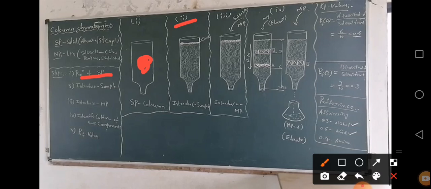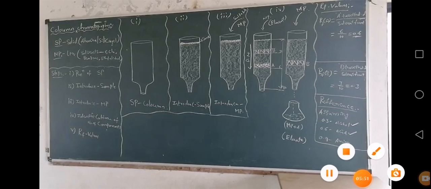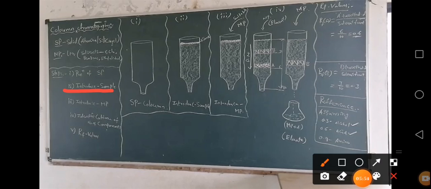Now the second step is introduction of the sample. See here, at the upper side, some more whitish color is there. Whatever sample you are going to separate, take that sample in a watch glass and again add a small quantity of ether or acetone. Why?